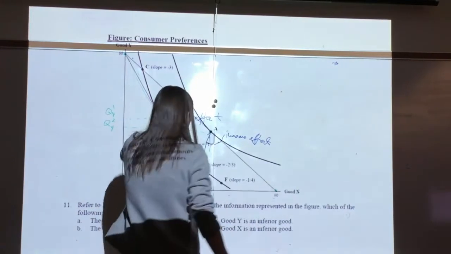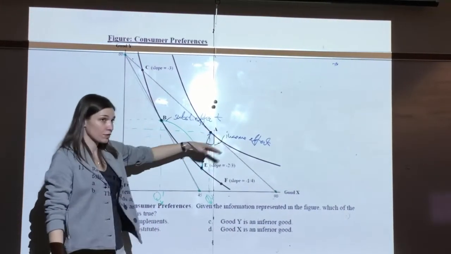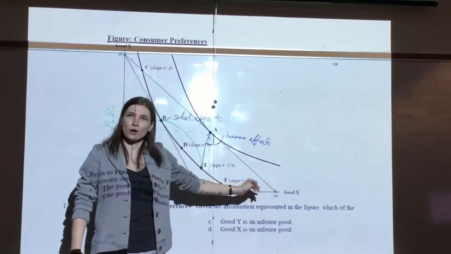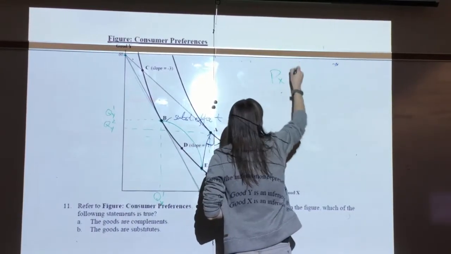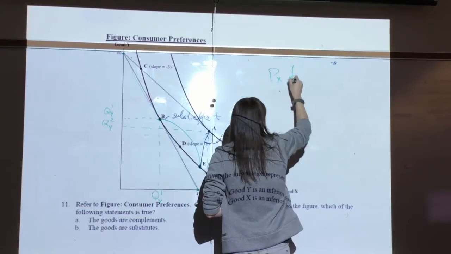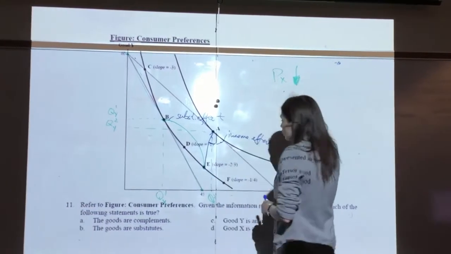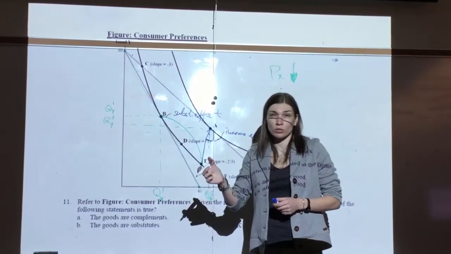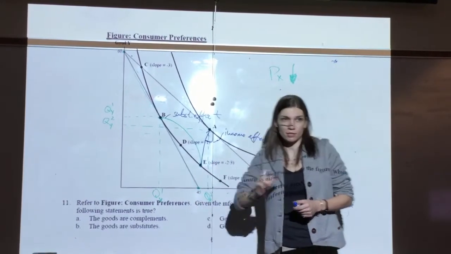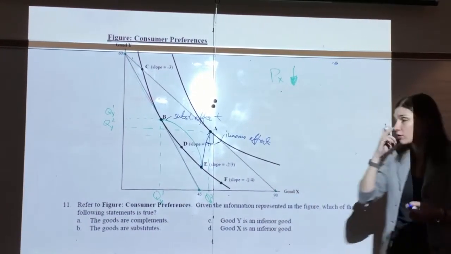Basically what happened here, with the shift in the budget line, is a decrease in the price of X. That was the scenario. So the price of X goes down. In order to tell whether they're complements or substitutes, we need to see what happened to the quantity of Y, because this is basically the cross elasticity we need to calculate.